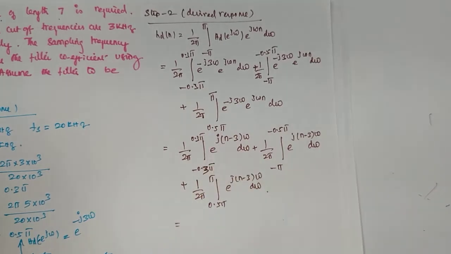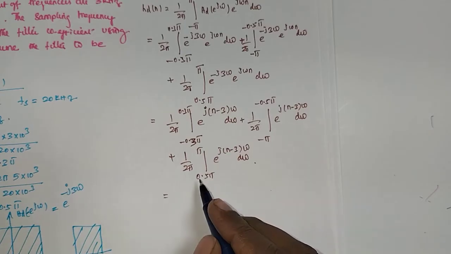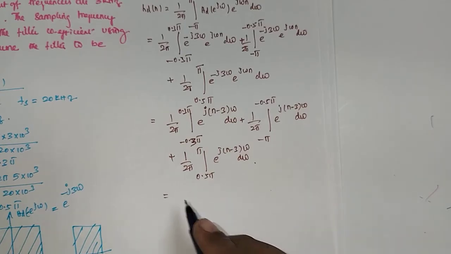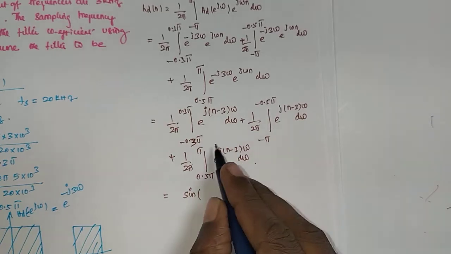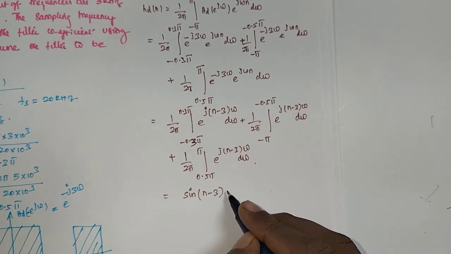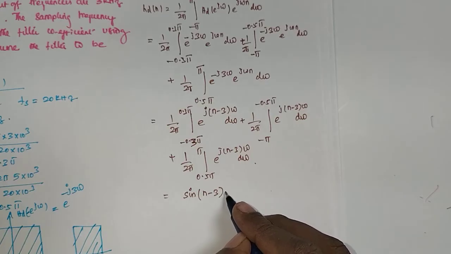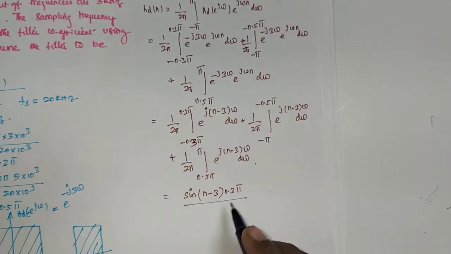After applying the upper and lower limits, the low pass part is sin of (n minus 3) into 0.3 pi divided by (n minus 3) into pi.